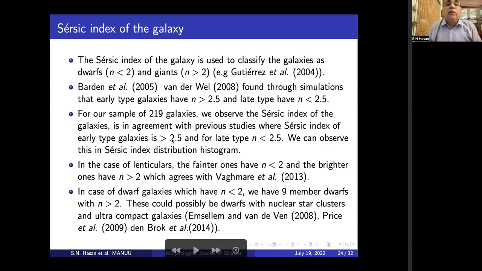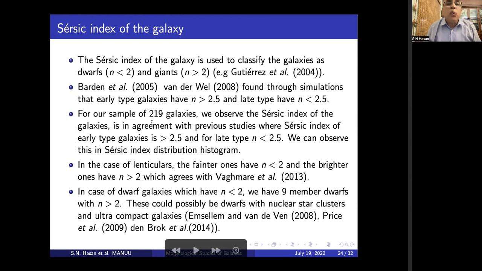The Sersic index of galaxies is used to classify the galaxies as dwarfs, n less than 2, and giants, Sersic index greater than 2. Barden et al. and van der Wel found through simulations that early type galaxies have n greater than 2.5 and late types have n less than 2.5.